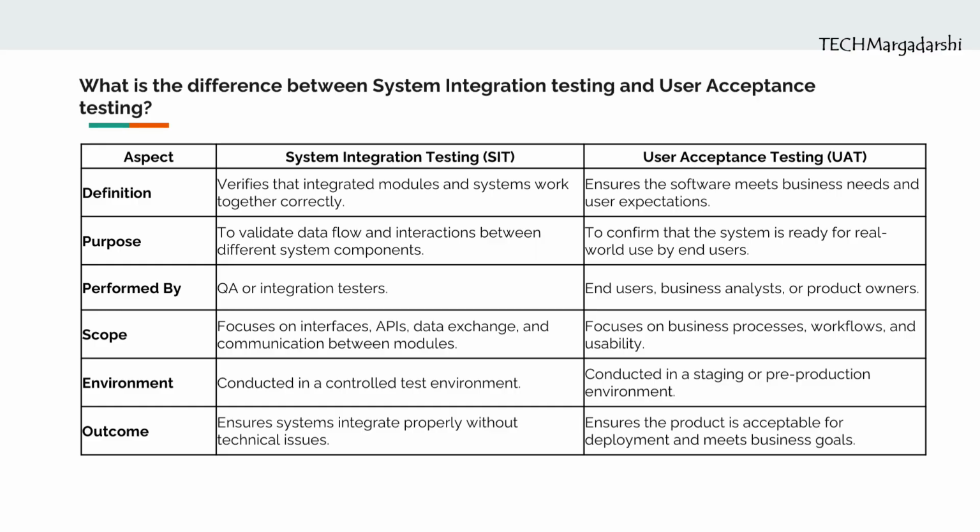In this stage, end users or business stakeholders test the application to confirm it meets all business requirements and is ready for real world use. In simple terms, SIT checks technical integration and system flow. UAT checks business functionality and user satisfaction. Both are equally important. One ensures the system works well technically, while the other ensures it's valuable and usable for the end user.